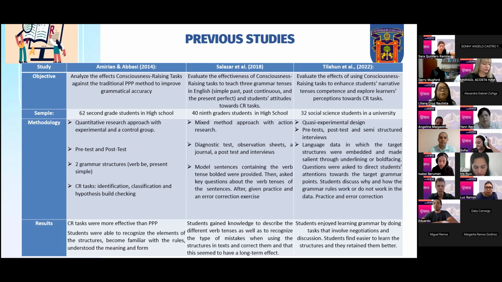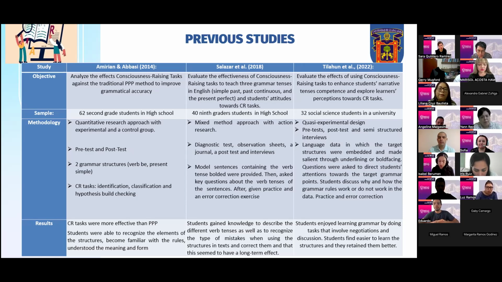This research was carried out in a high school, and they used a pre-test and post-test, but they only covered two senses of consciousness raising, noticing and understanding.